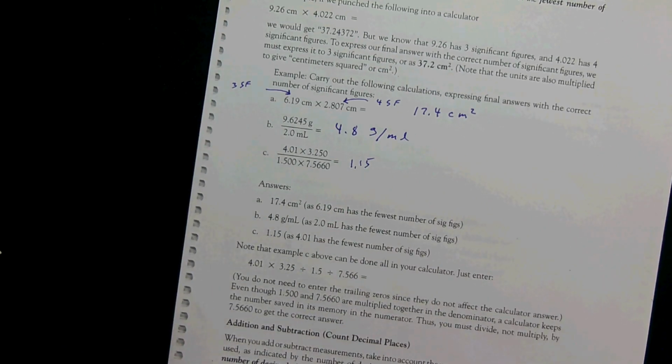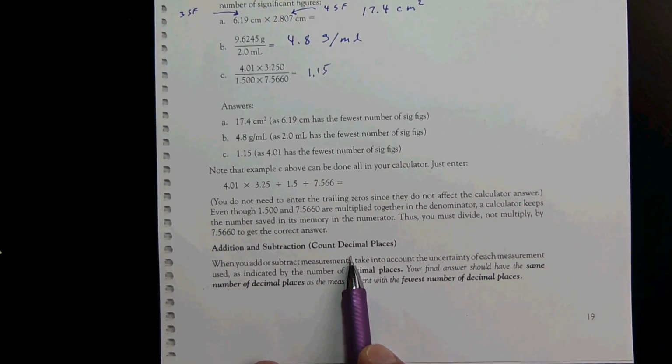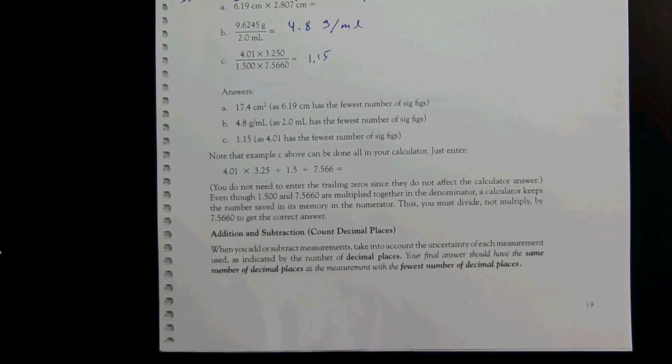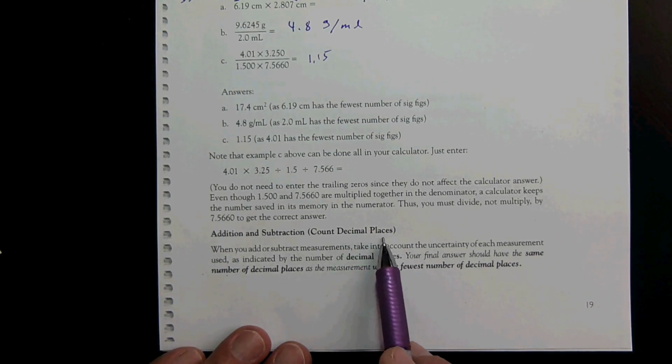3 sig figs. Let's take a look at addition and subtraction. Addition and subtraction, we have a similar rule, but here's the deal. When you're adding and subtracting, you're not really even concerned with significant figures. You're concerned with decimal places.